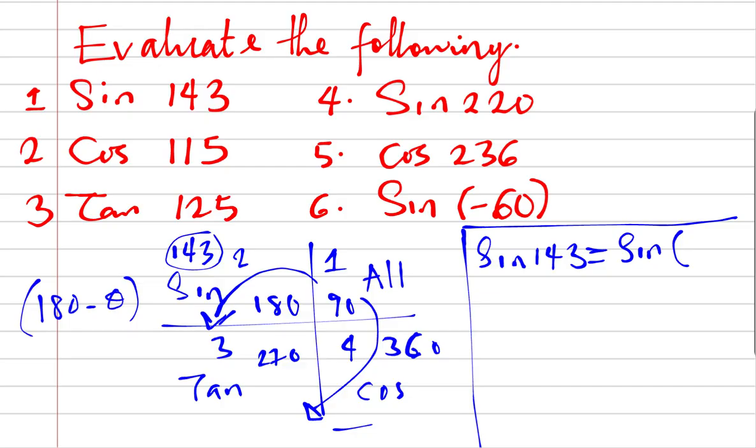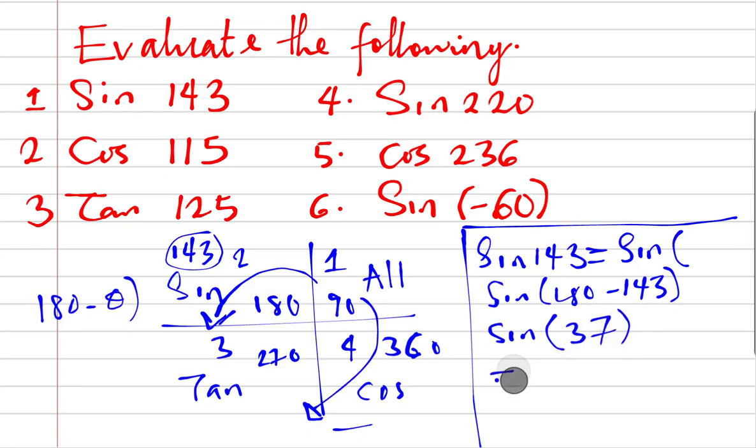So let's look at this one. This will give us sine what? Let me clean this. So this will be sine, open bracket, 180 minus 143. That means 180 minus 143 will give us 37.